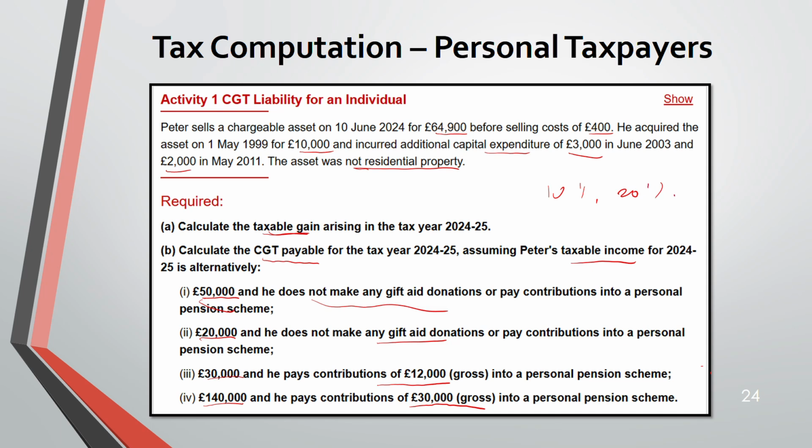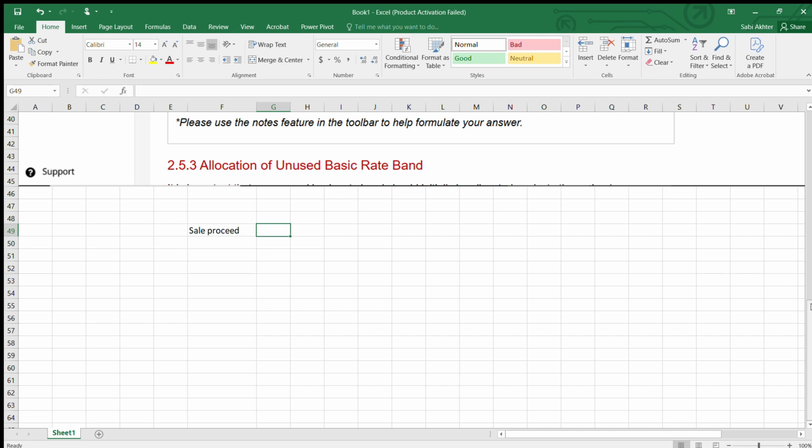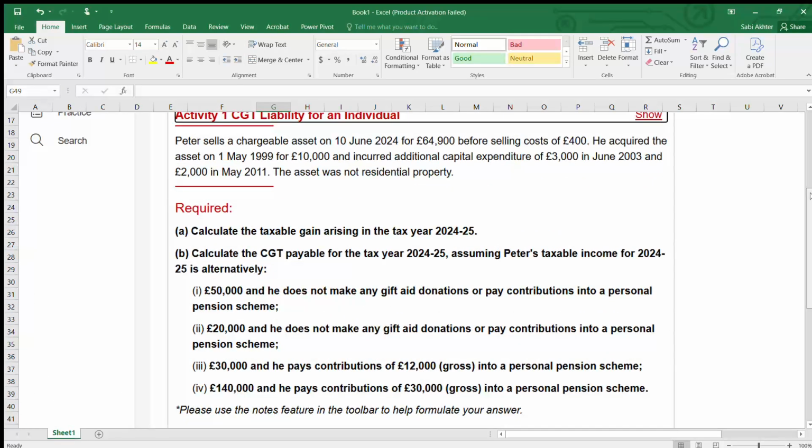Simple. Now let us do this. So let us calculate the taxable gain. To calculate the taxable gain, we need the sale proceeds. So sale proceeds is 64,900.